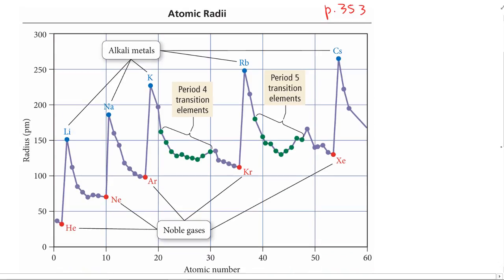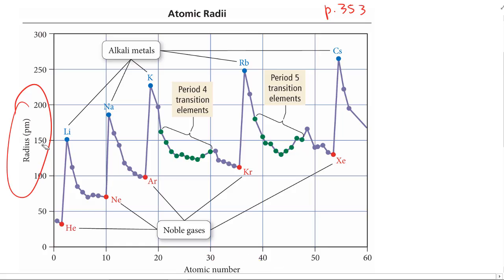So what this is, is a plot of the atomic radius versus the atomic number. The radius is on the y-axis, atomic number here on the x-axis.